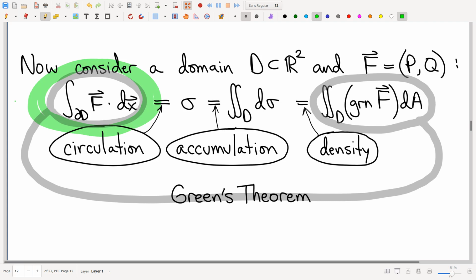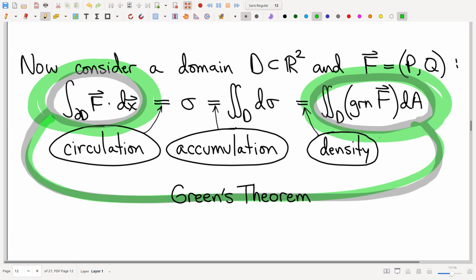If you need to compute a boundary circulation, what we see now is that instead you could get it by doing a double integral of Green's operator over the interior, namely over the 2-dimensional region whose boundary is your curve that you were interested in the first place.